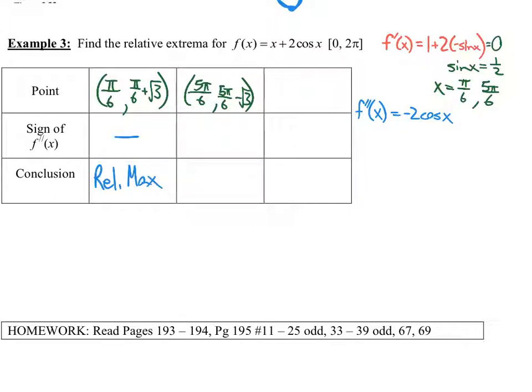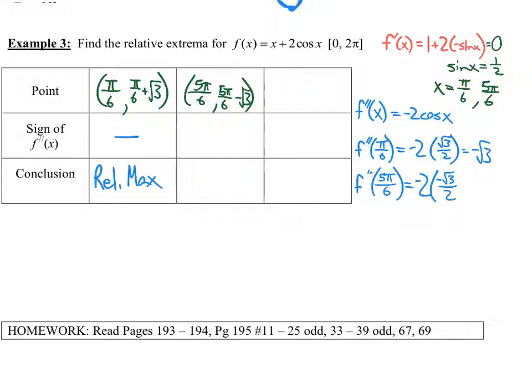And then if I plug in 5 pi over 6, cosine of 5 pi over 6 is negative, second quadrant. So f double prime of 5 pi over 6 is negative 2 times a negative root 3 over 2, so that's a positive root 3.